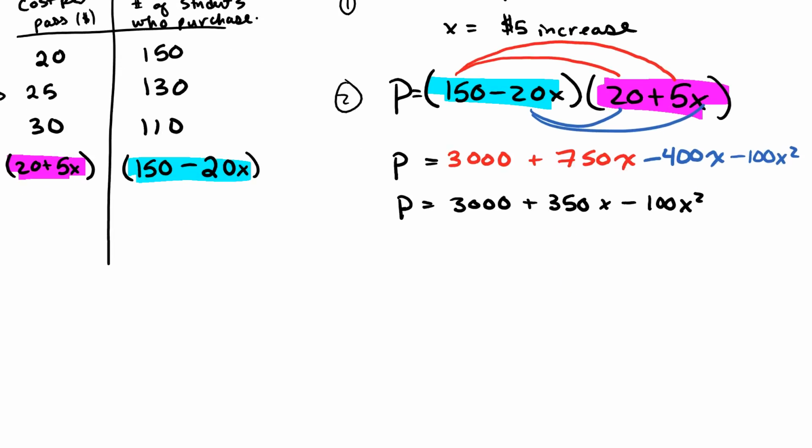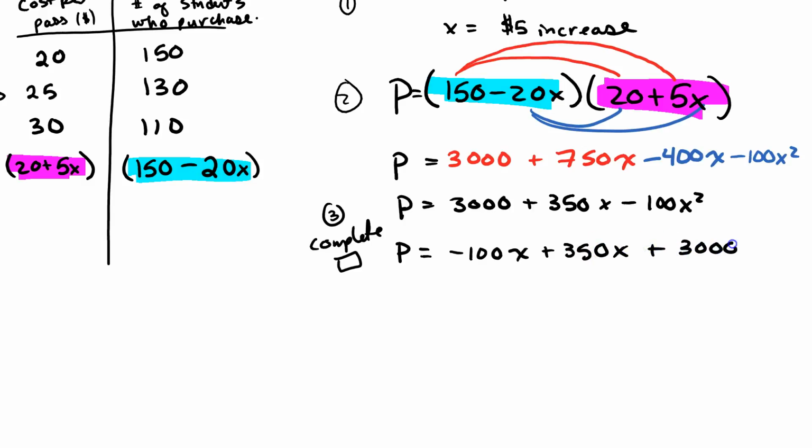So step number 3, we've got to complete the square. So then P equals negative 100x squared plus 350x, I'm just changing the order, plus 3,000.